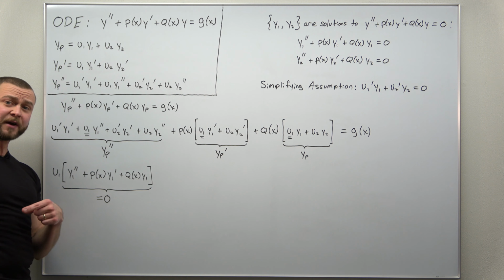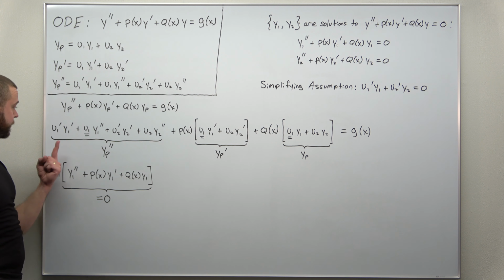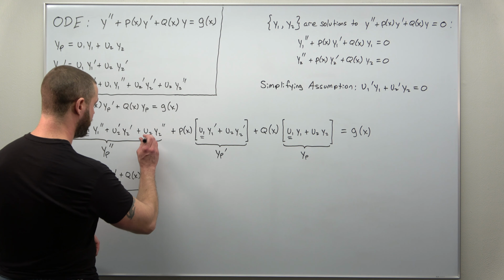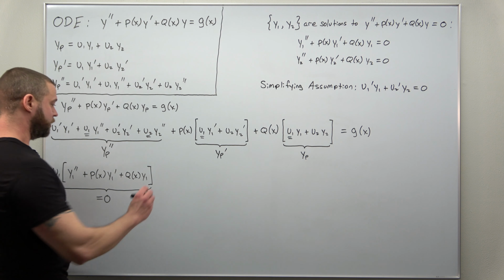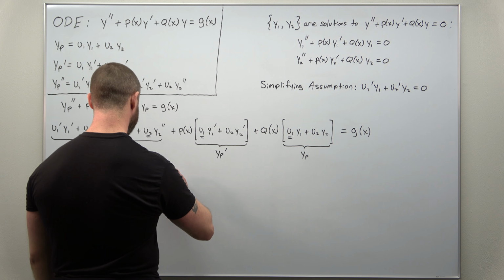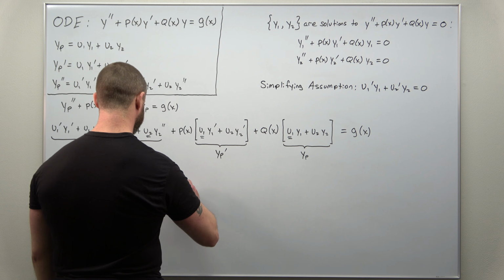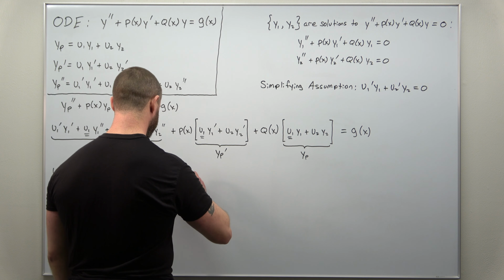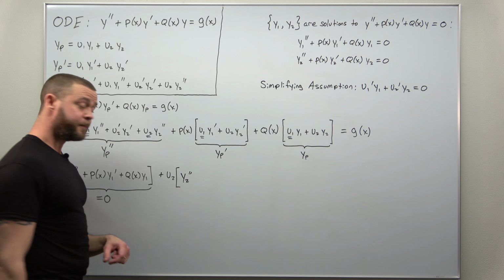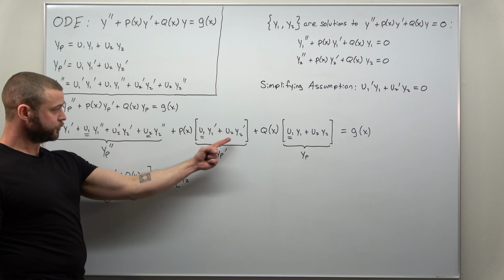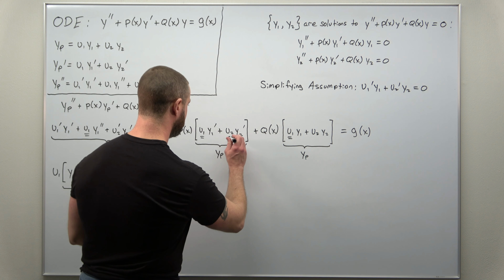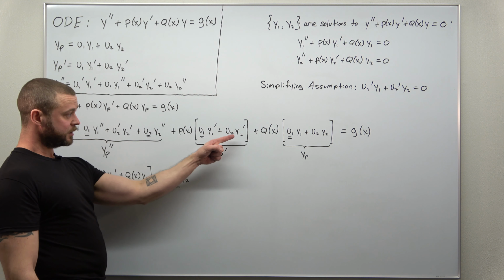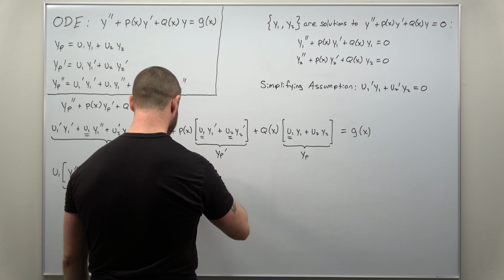Now we might have an idea of what to look for in the rest of this. Let's see if we can extract any u2 terms. And we have one here. So let's write that as we go. So we have u2. We'll be left over with y2 double prime. Where's our next u2 term? Right here. We'll be left with p of x times y2 prime.